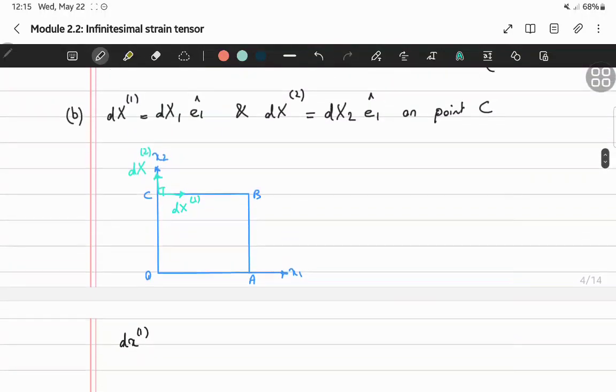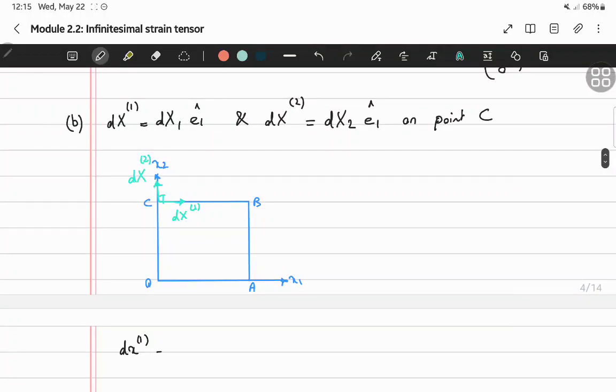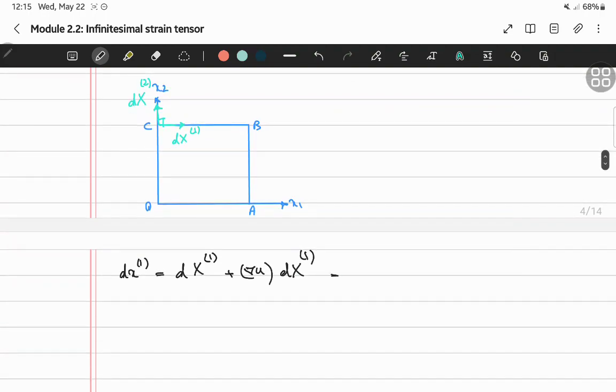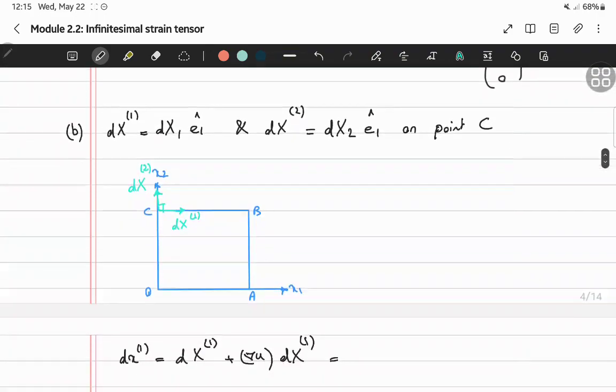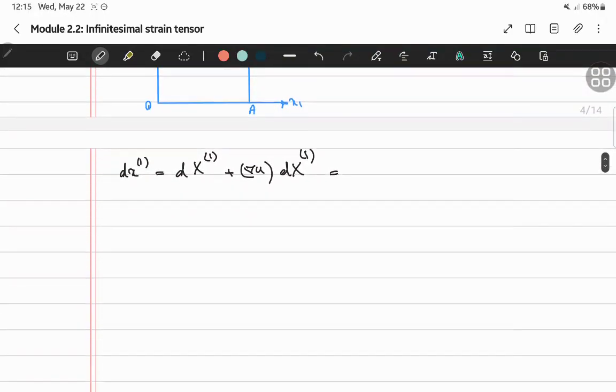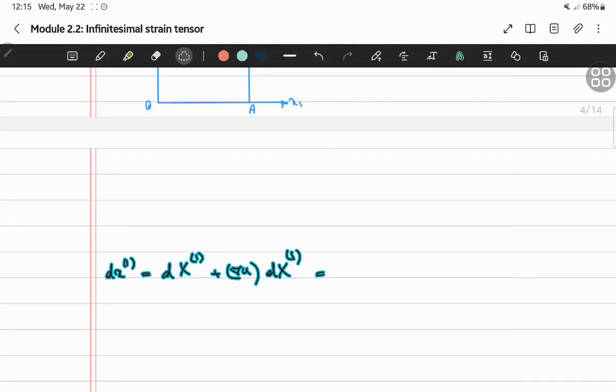For dx1, which is this one, the deformed vector in the reference configuration is dx1 plus del u dx1. So this equals to, and here we have del u. We have to find del u. So before doing that, I would like to bring this del u in here.